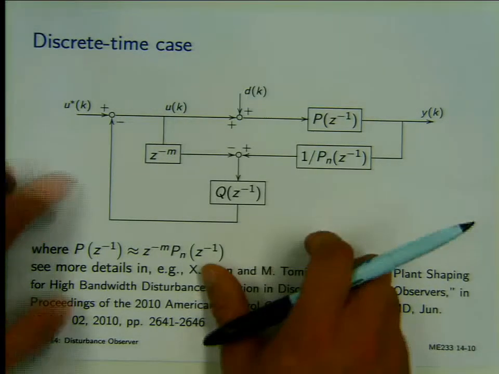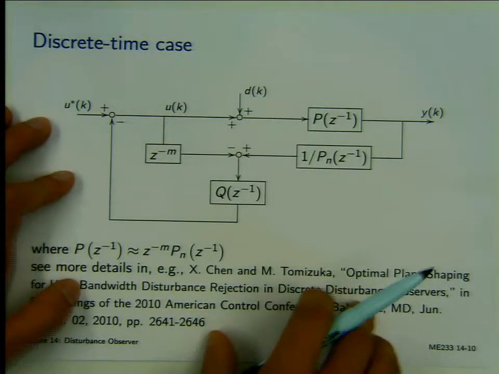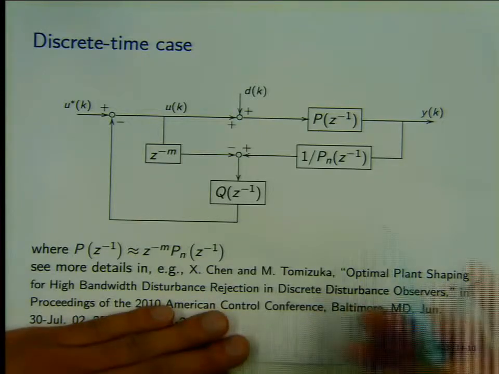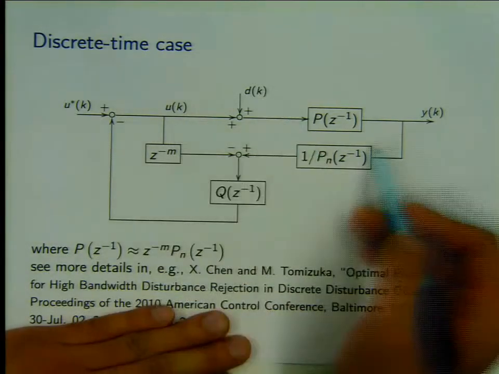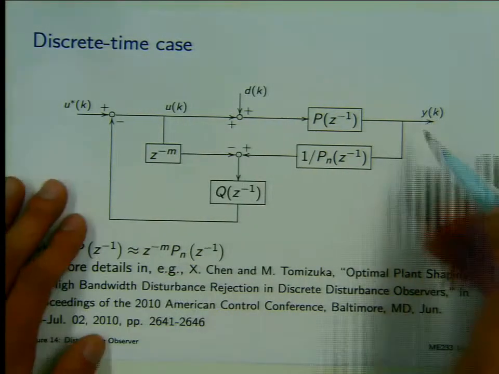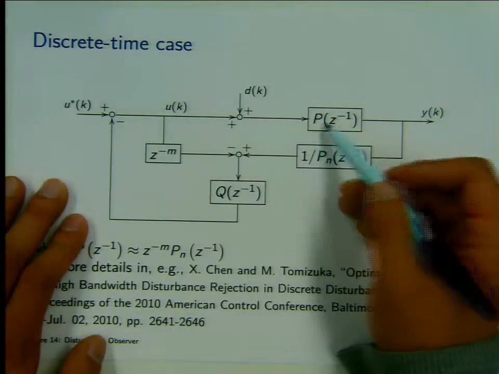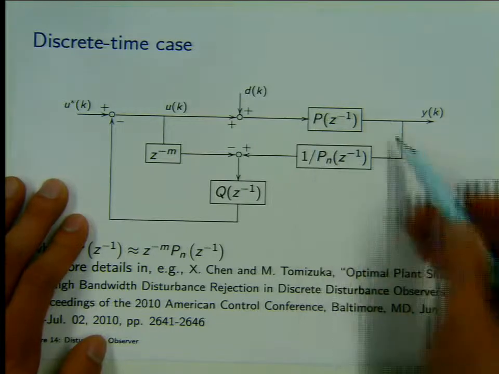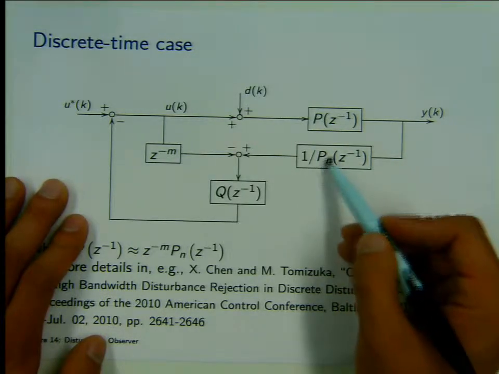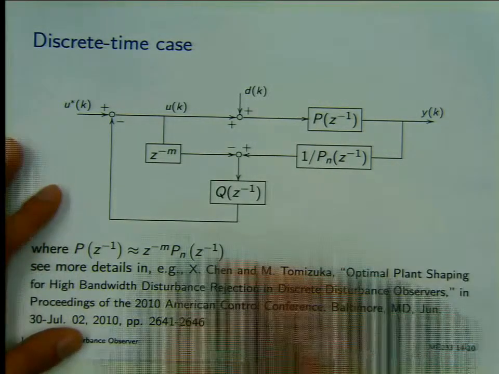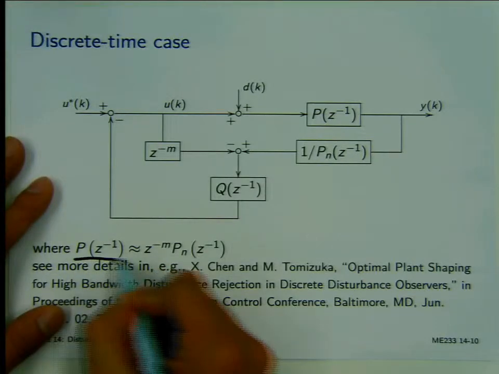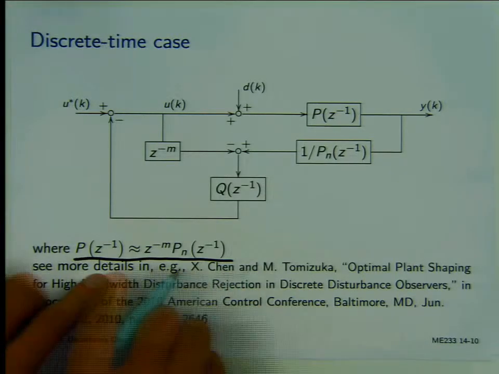In the discrete time case, this is usually the way it is implemented. Besides every signal now being a discrete time signal, we have a discrete time plant, P(z). My notation for the plant is P(z), and the nominal plant is P_n. The relationship between P and P_n looks like this.